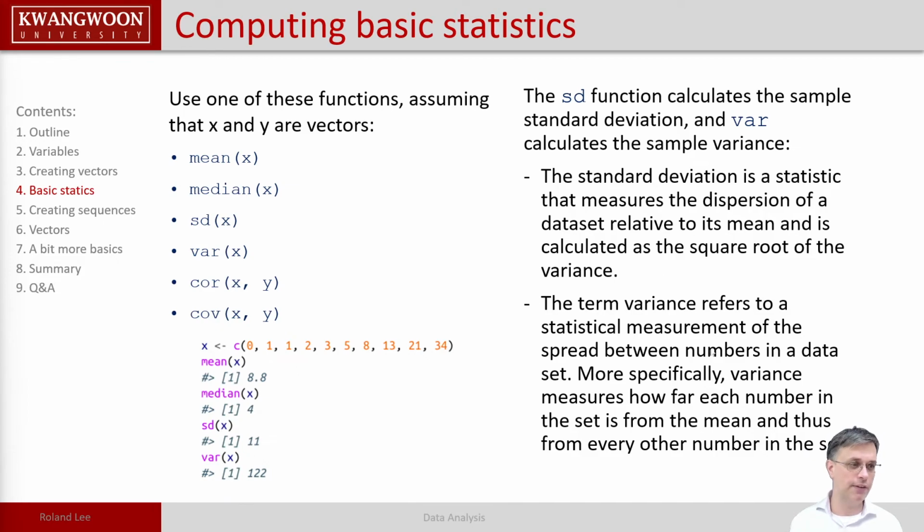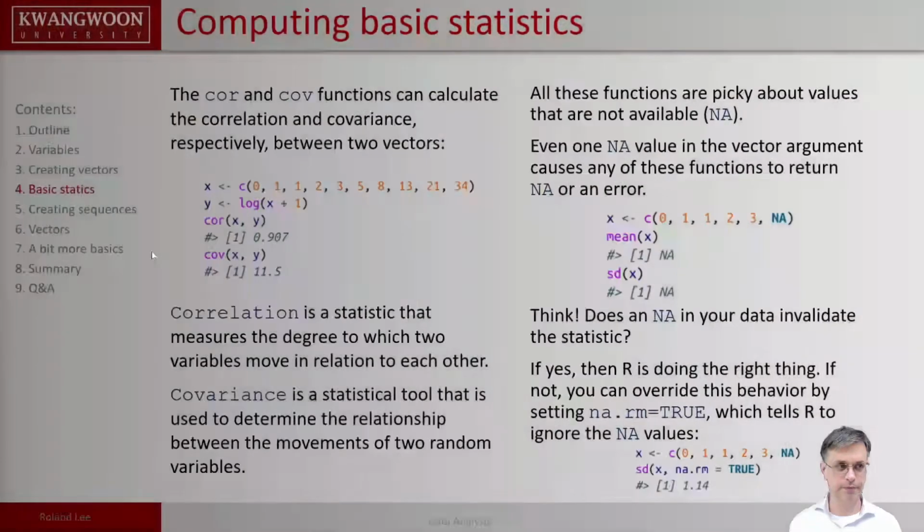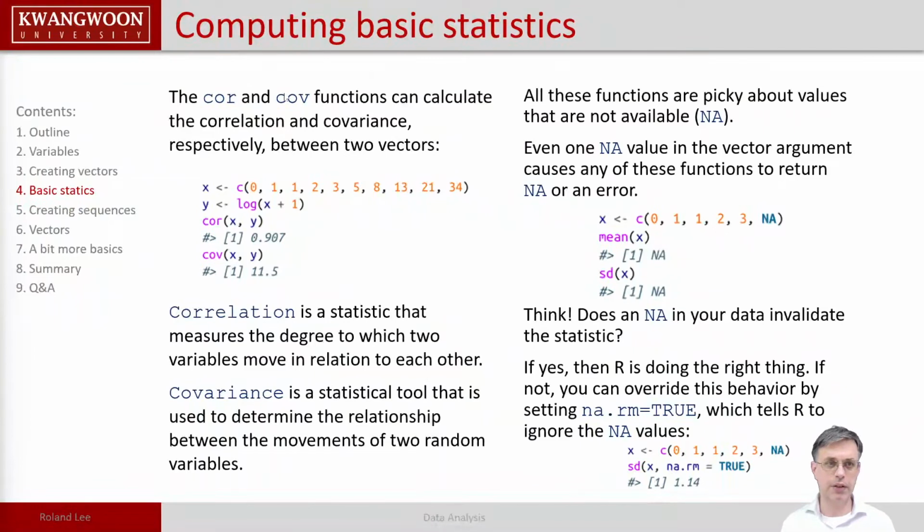Also, let's take another look here at the correlation and the covariance. The correlation is, again, from Investopedia and on the internet. You see that here as well. It is a statistic that measures the degree to which two variables move in relation to each other.